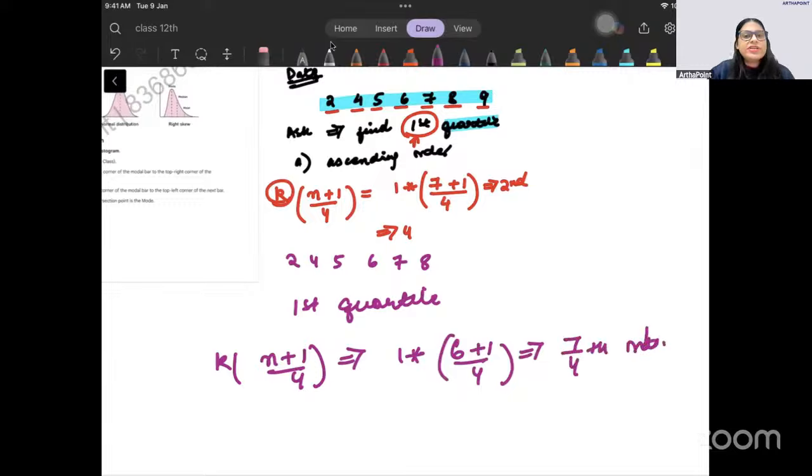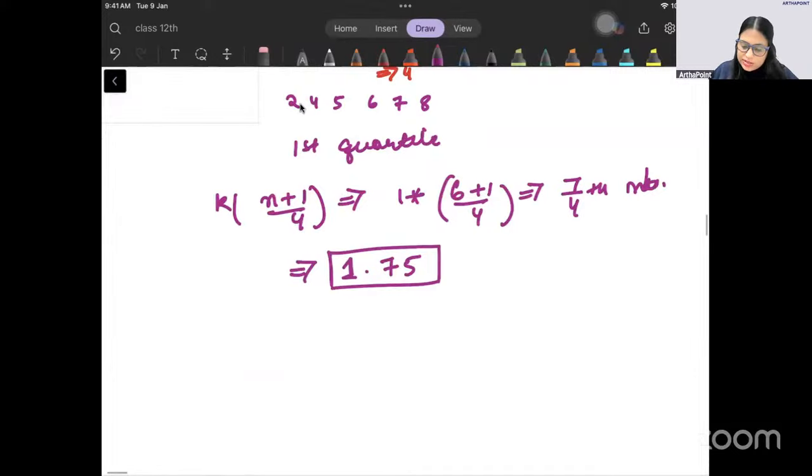Can you tell me what is 7 by 4 in decimal quickly? 1.75, right?